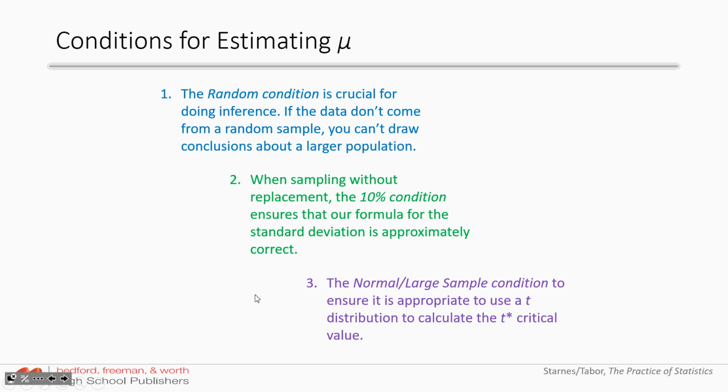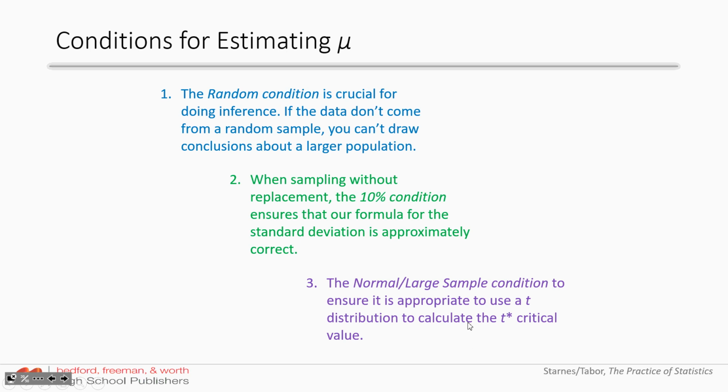Now, in this case, even if this condition is met, it's still not good enough to use a normal distribution, or in other words, a z-star. The issue is that we have X bar and S estimating their corresponding population parameters. So even though we're checking this condition, we still can't use an actual normal distribution, right?